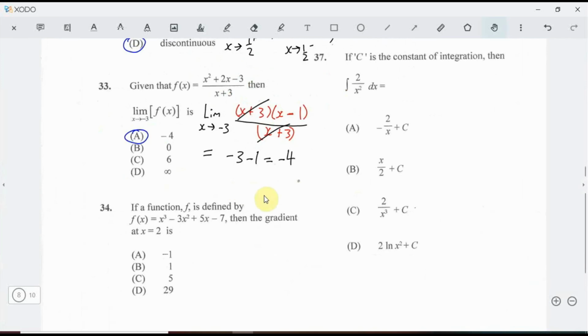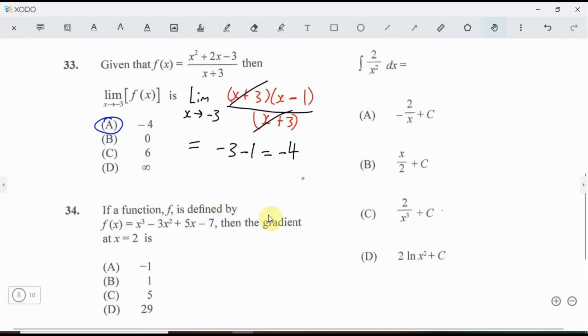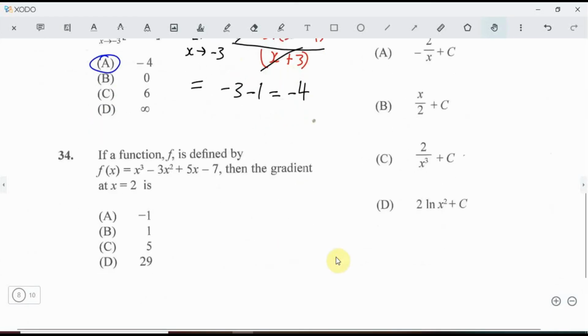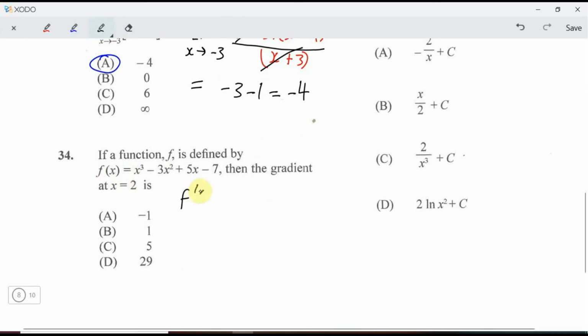Question 34 says, if a function f is defined by f of x equals x cubed minus 3x squared plus 5x minus 7, then the gradient at x equals 2 is, so we just need to differentiate. So f prime of x is going to be, when we differentiate x cubed, we get 3x squared. When we differentiate minus 3x squared, we get minus 6x, plus 5.